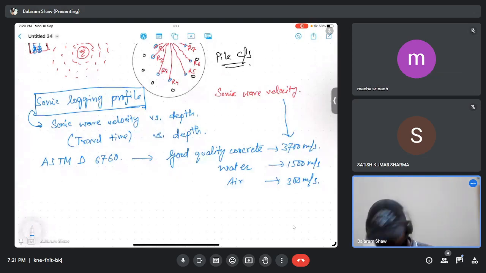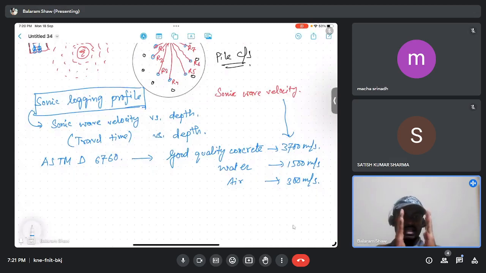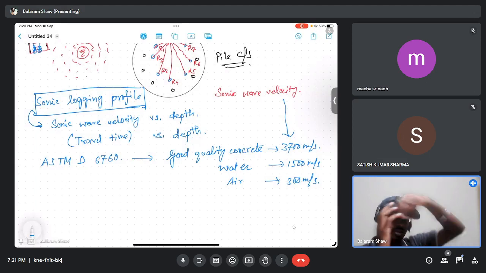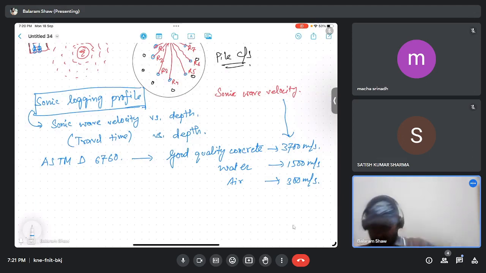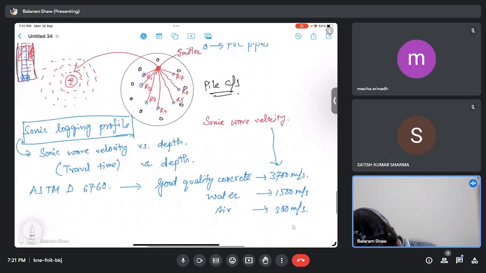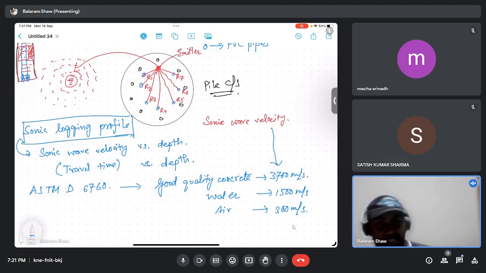Parallel to each other means, if one tube is like this, the other should also be like this. I mean, it should not be in one line, it can be like, okay, I'll show here. See this, the pile cross section, all the blue colored ones, not piles, sorry, the PVC tubes.